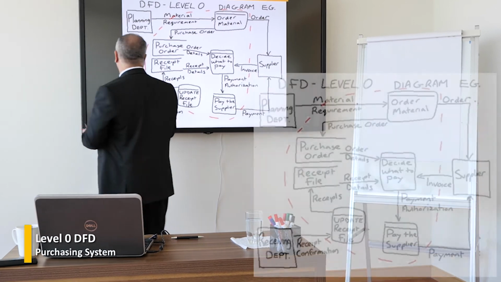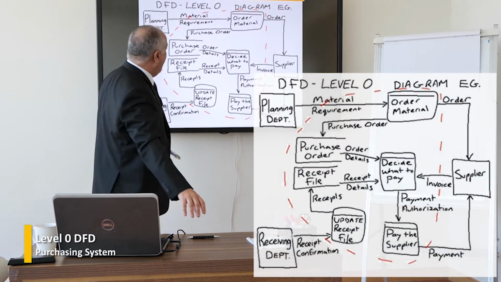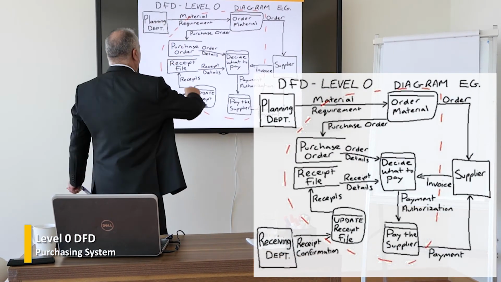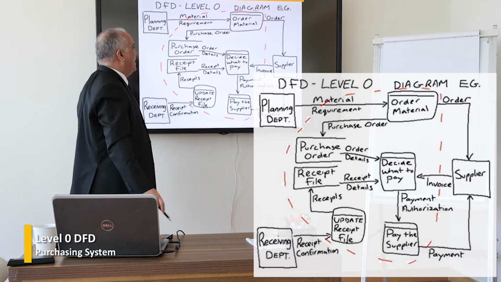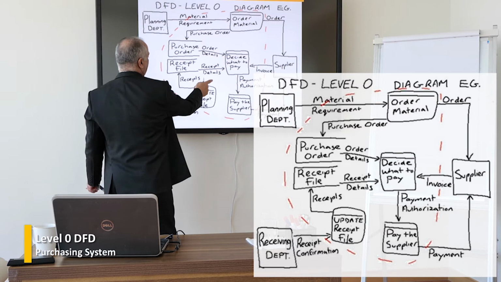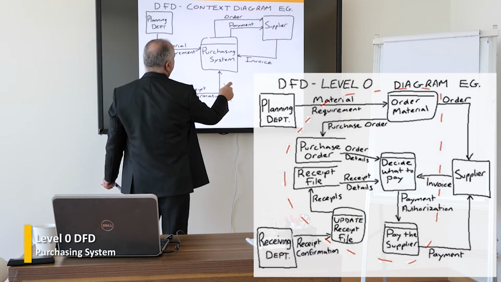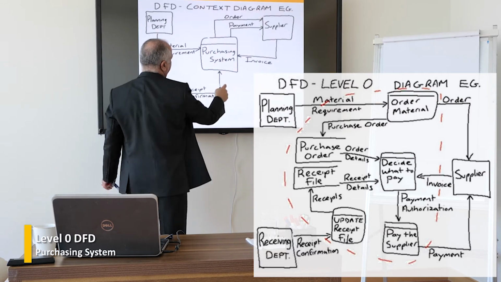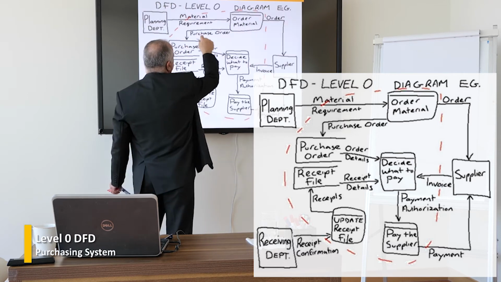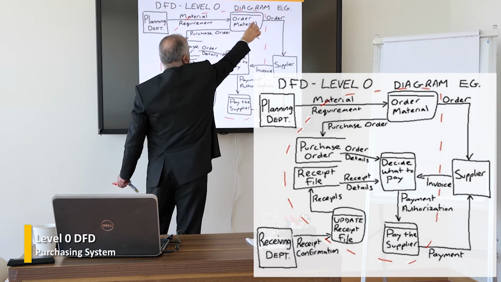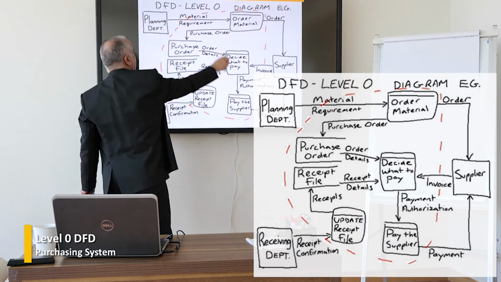So the detailed process for this is as follows. Let's go back to this one. We have all these red lines represented as what we call the purchasing system. So all this box is now presented within the red dotted line.